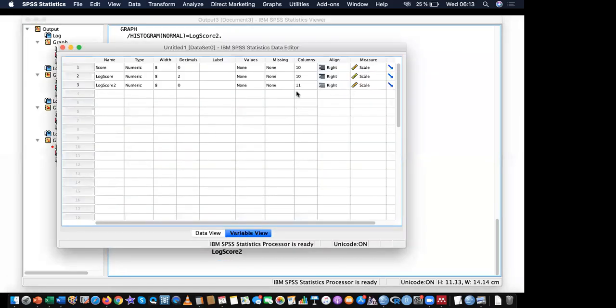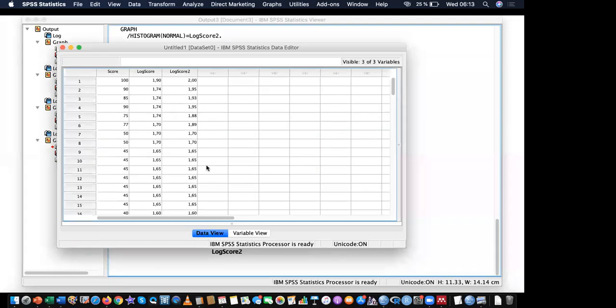It doesn't mean that in 100% of the cases you will have this. You may sometimes have a normal distribution. Sometimes, even after logarithmic transformation, you may not have it. You see, there was a big gap between the students. One student scored 100 and another student scored 40.